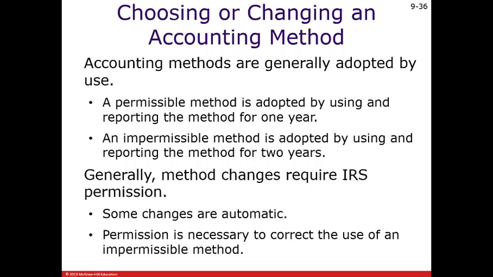Well, why would a taxpayer self-report an impermissible use of an accounting method? Well, if you know that you're going to get caught eventually, it's best to just come clean early on. If you do, the IRS is going to show you a lot more leniency than if you wait until they catch it.